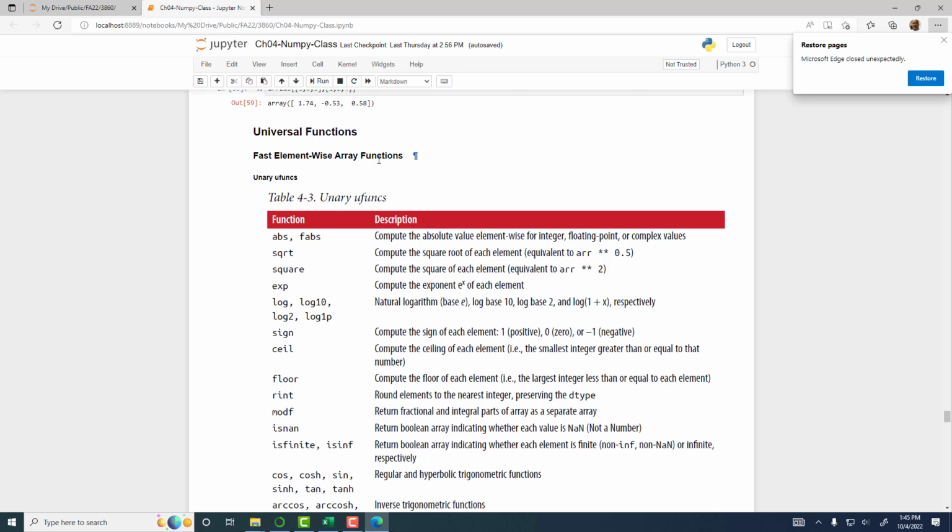In any case, the unary functions are ones where the operation is performed within one nd array. So ABS will go through the array, and wherever you have negative values, it will be changed to positive values.